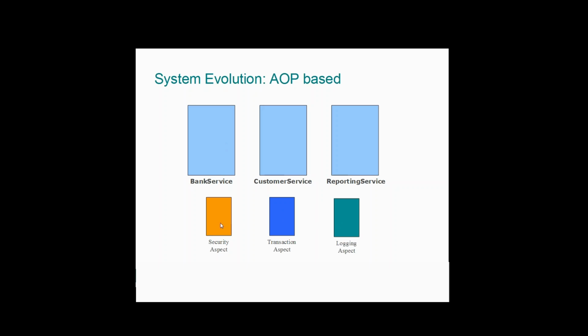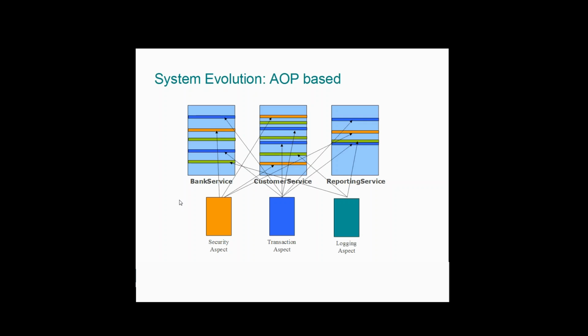I've written the cross-cutting logic here, and I attach an expression where it has to be inserted at the right place. That insertion of this generic logic at the right place will be done at runtime, build time or load time. You give the whole of this POJO and these aspects to a framework. At runtime, it will insert all that code at the right place, with the right place being selected by the expression in the aspect.